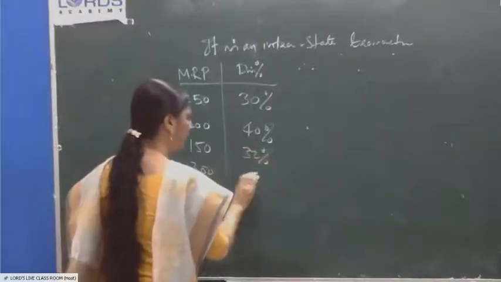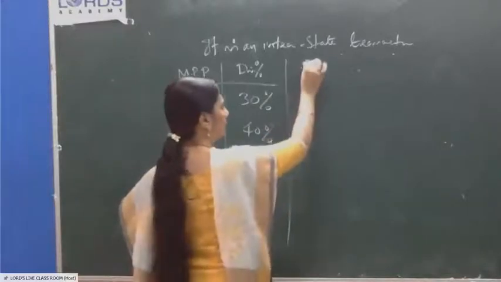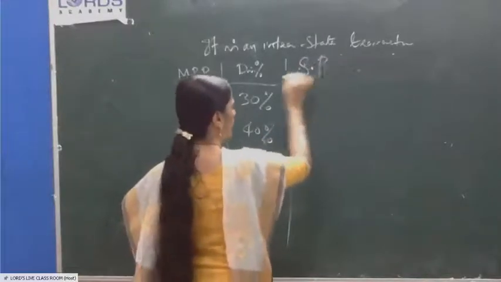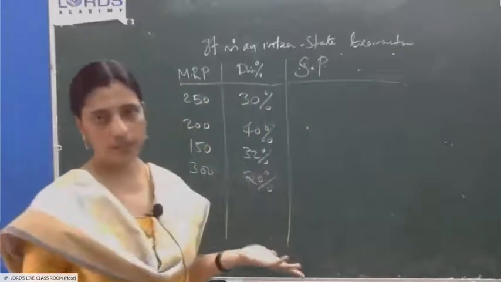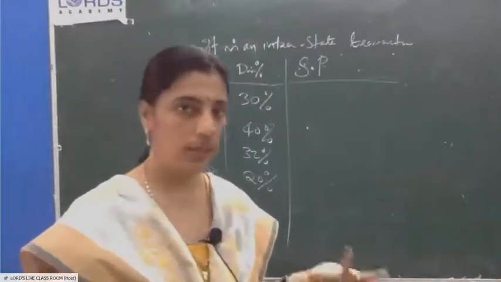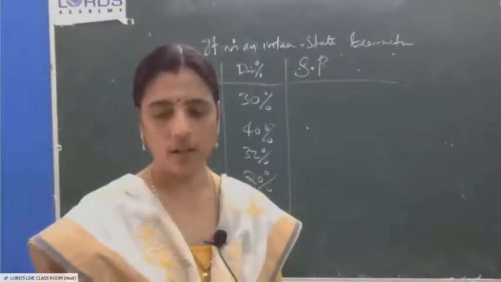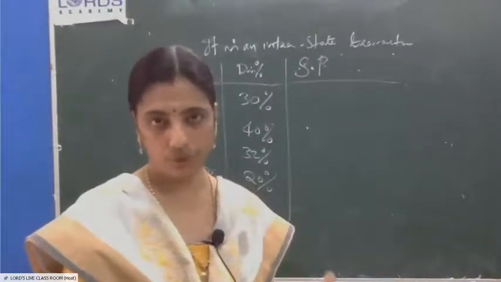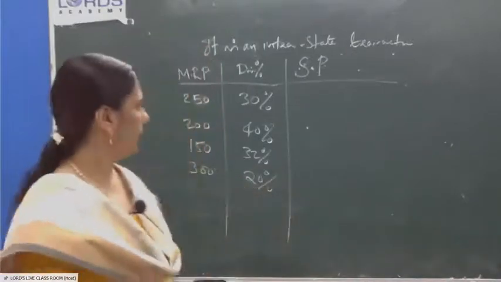So how will you get the sale price? In the textbook they have written the price after the discount. That means in one word, why can't we write sale price? Okay, so you write sale price. Or if you want more clarification, you can write discounted value, okay.